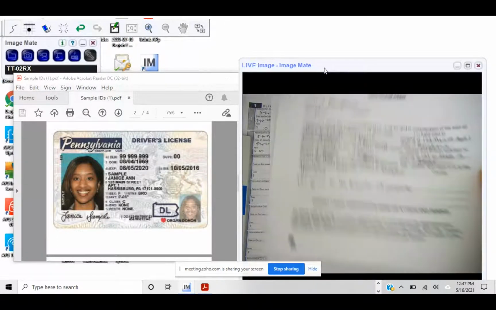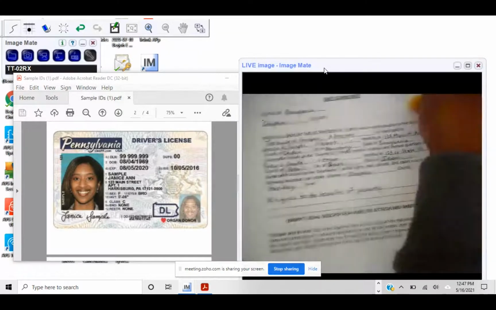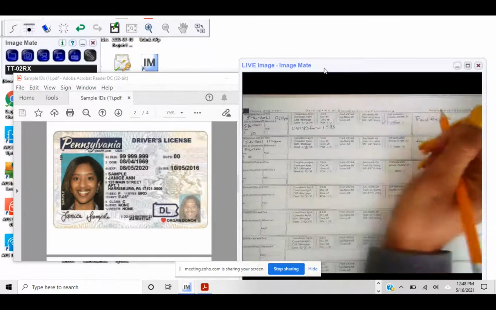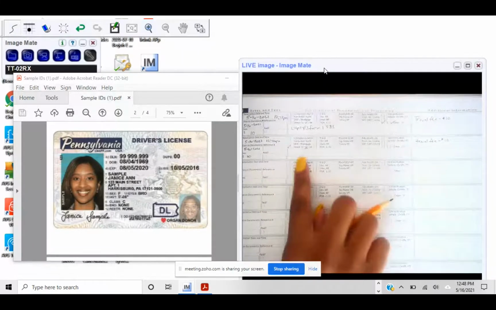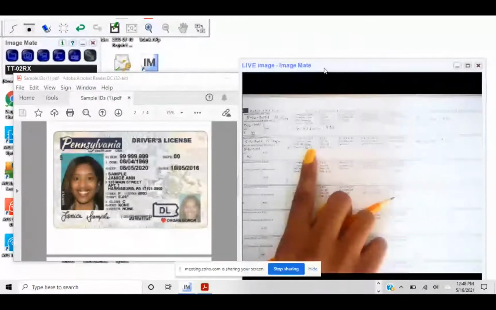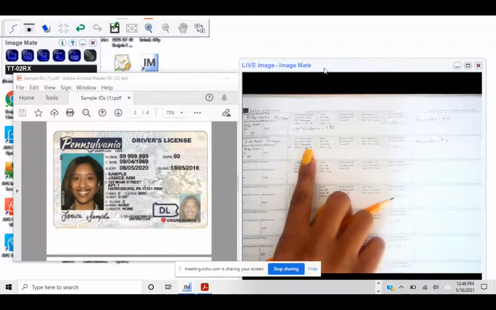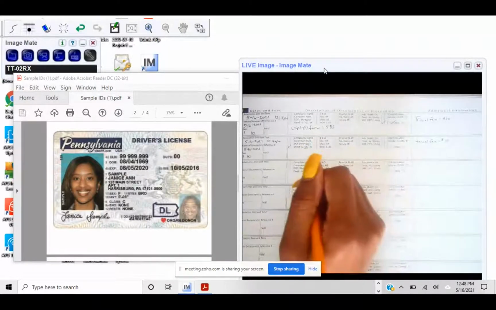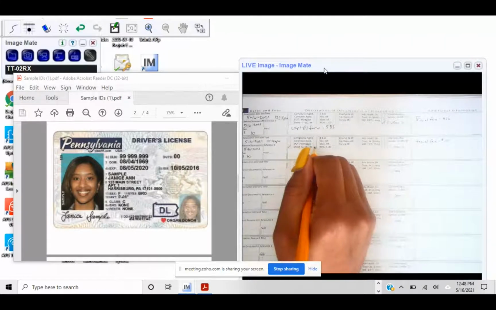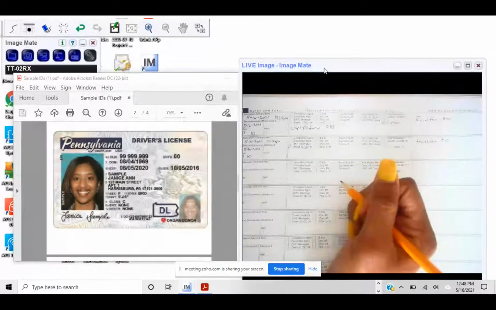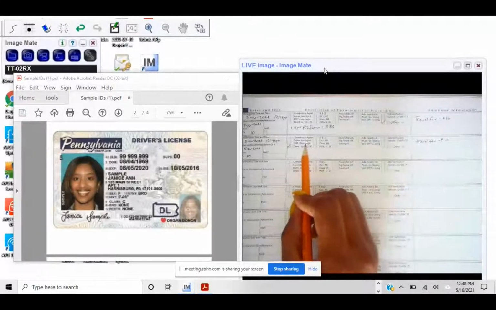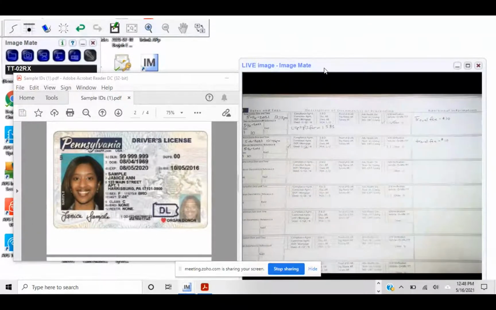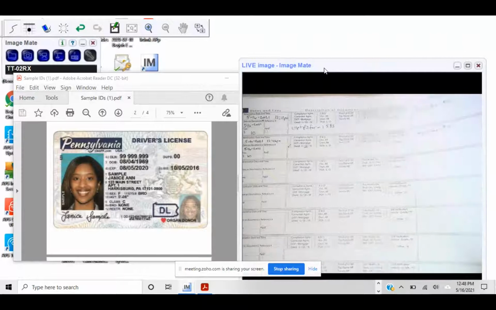So we know that this is an acknowledgement, and we can go ahead and check off acknowledgement where it says deed here. QC stands for quitclaim. You can either circle, underline, or leave it alone and just cross out the W and the G, whichever way you feel is best for you, as long as they know that it was a quitclaim deed that was notarized today. Okay, let's go to the next page.